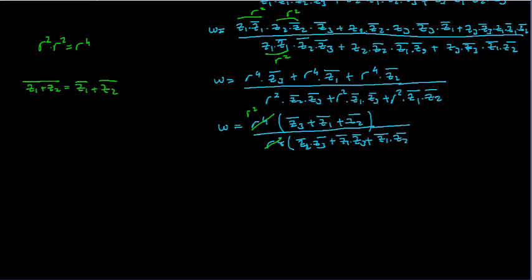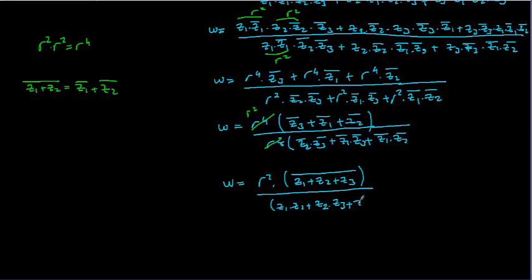Here w is equal to r squared times, I'm going to rearrange them also, Z1 conjugate, Z1 plus Z2 plus Z3 conjugate, all over Z1 times Z2 plus Z3, here it's going to be equal to Z2 times Z3 plus Z1 times Z3 all conjugate.